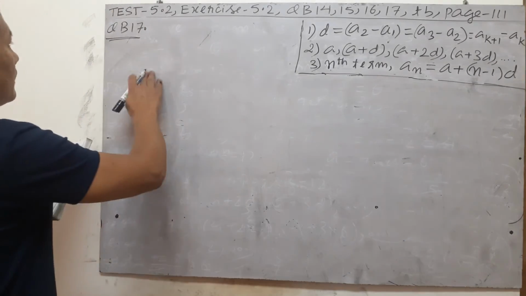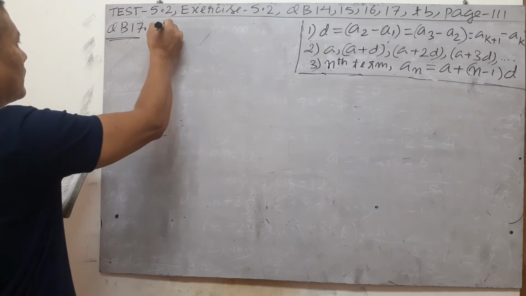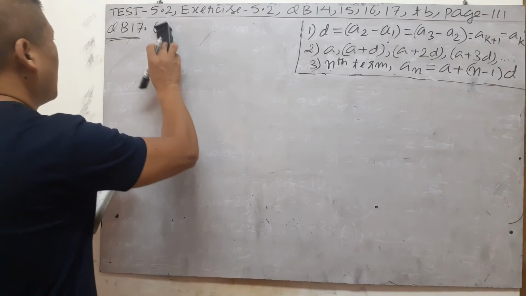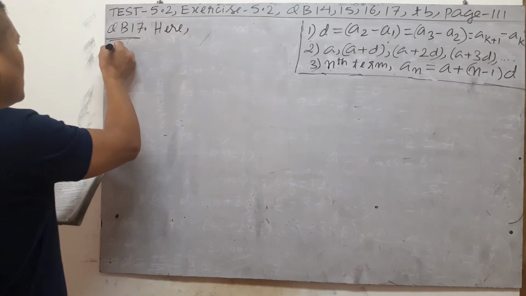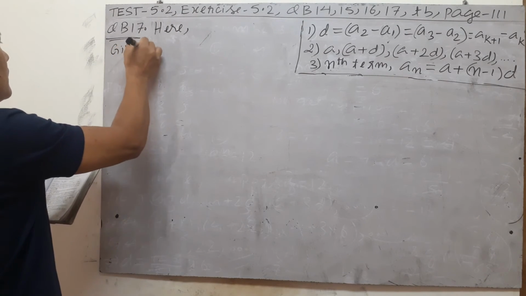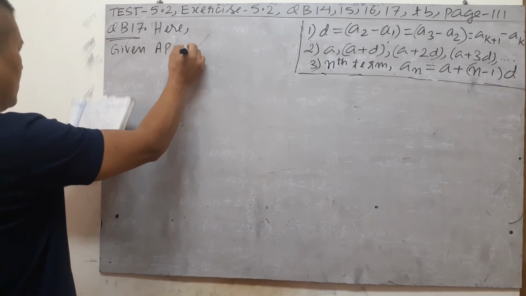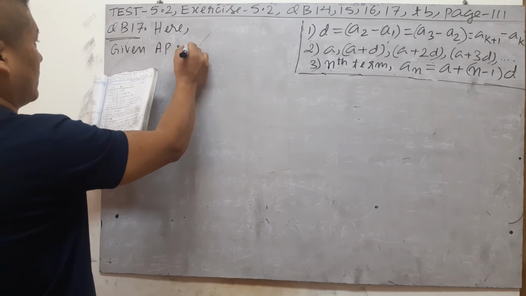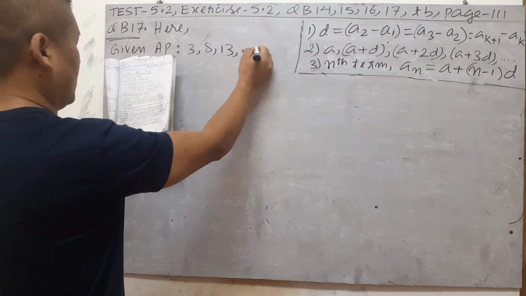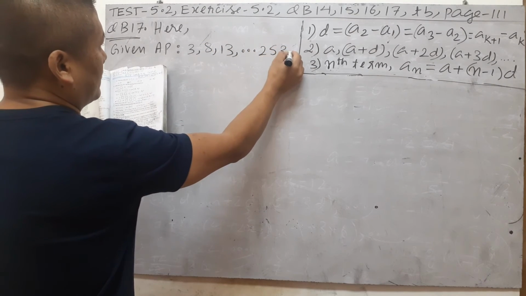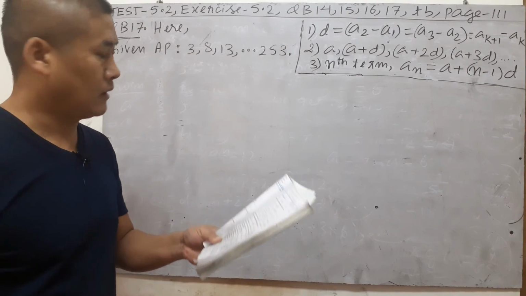So here, just start like this. The given AP is 3, 8, 13, etc. The last term is 253 because there is a full stop there.